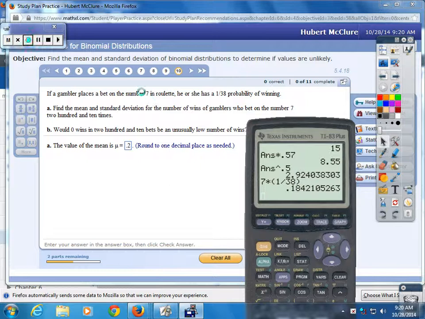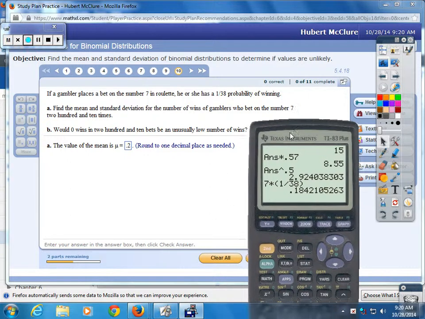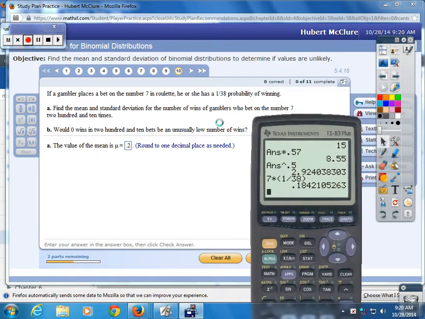Okay, I thought there were 7 slots. I'm sorry. It's a bet on the number 7. That means it has a 1 in 38 probability. All right. What is n? Okay, I'm looking for, where are you getting the 210? It's written out. I don't see it. It's the very first part, letter A. Okay. Oh, there it is, 210 times.